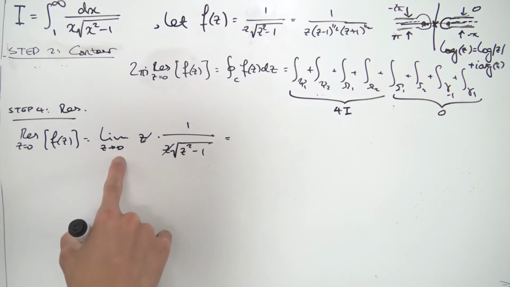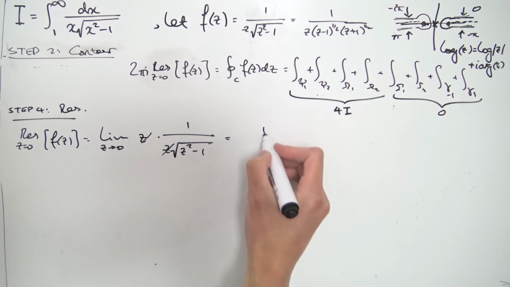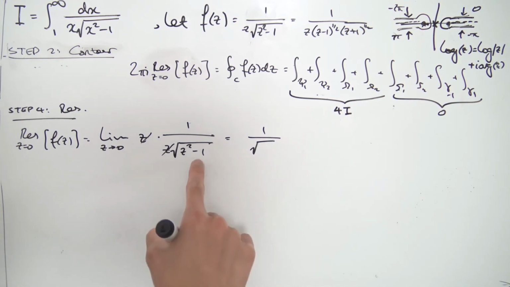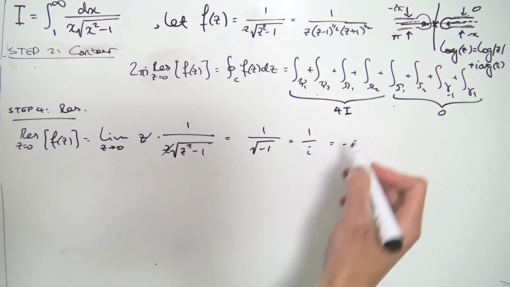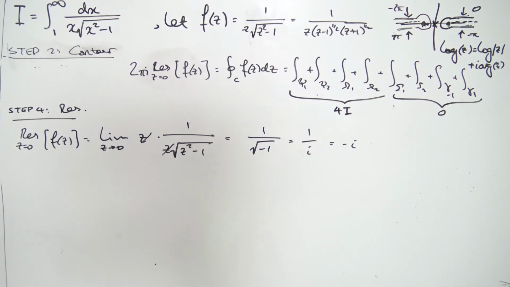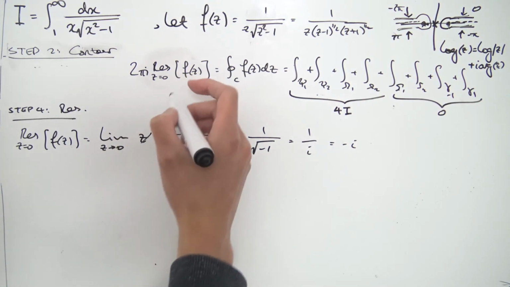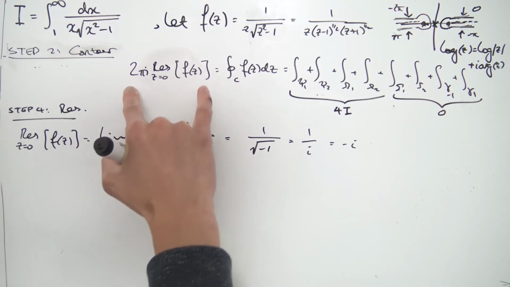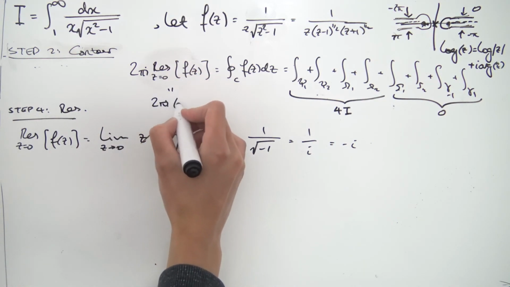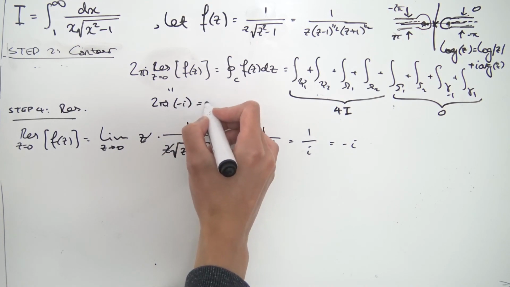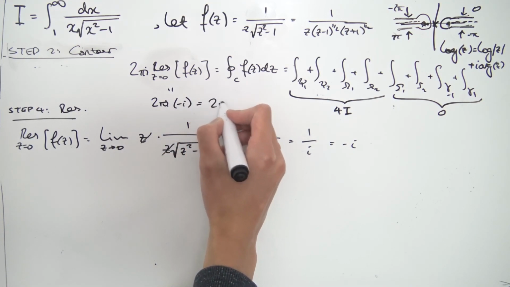The z's are gone, and in the limit as z approaches 0, we get 1 over the square root of minus 1, but that's just 1 over i, which is equal to minus i. So that's simple. So this residue is minus i, so this whole thing here approaches 2 pi i times minus i, which is just equal to 2 pi.